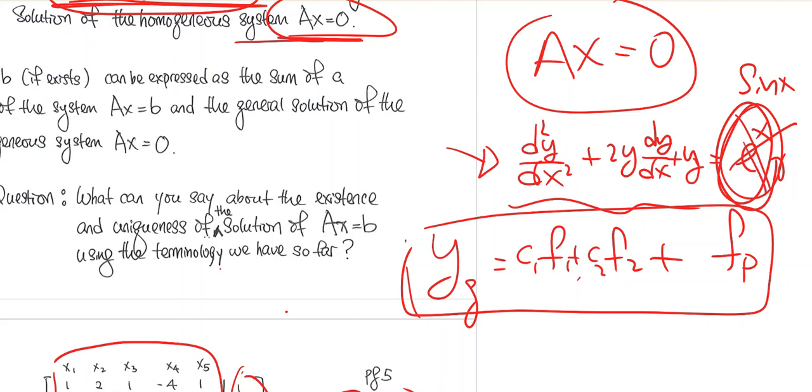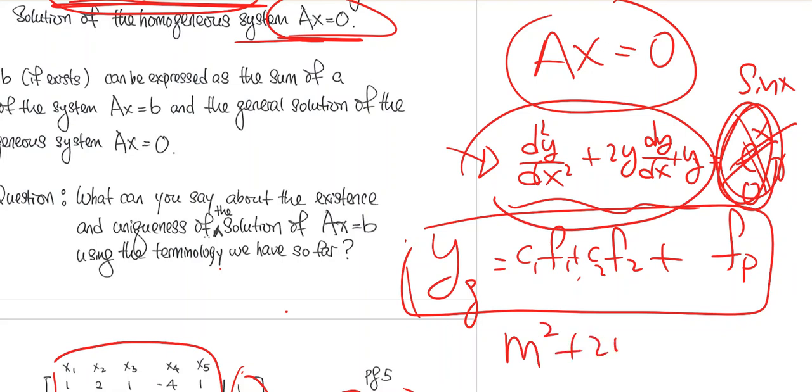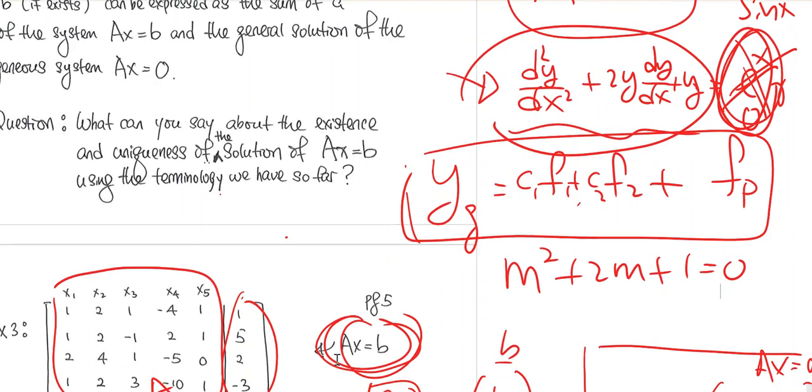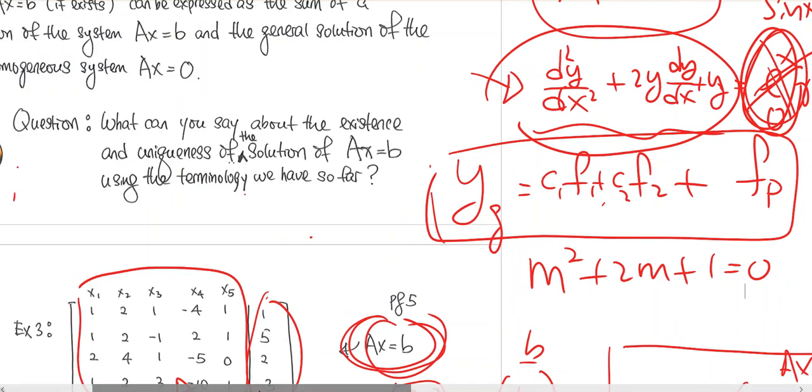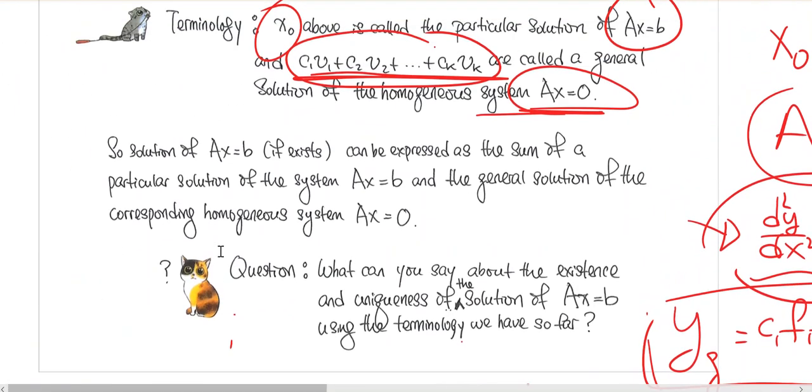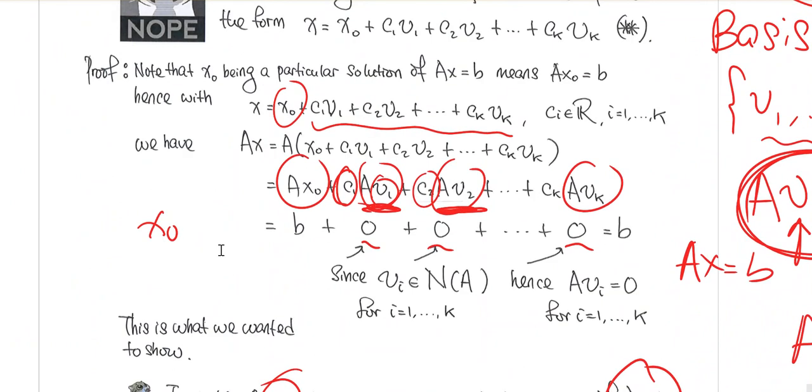But before you do that, you always drop the right side, make it 0, and solve this part with the auxiliary equation, and so on. So the terminology matches because they are the same system. Okay, that's enough of a tangent. Let's go back.